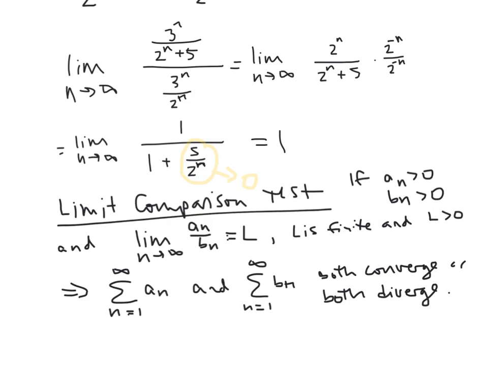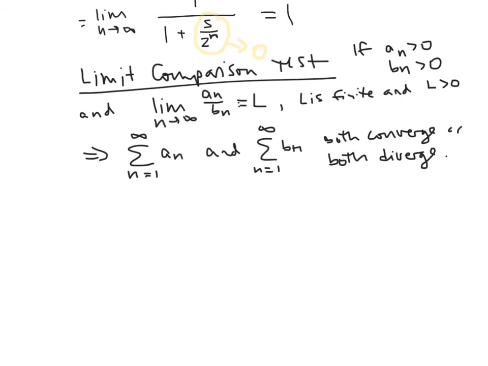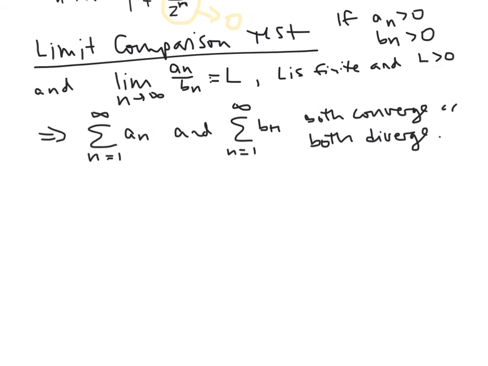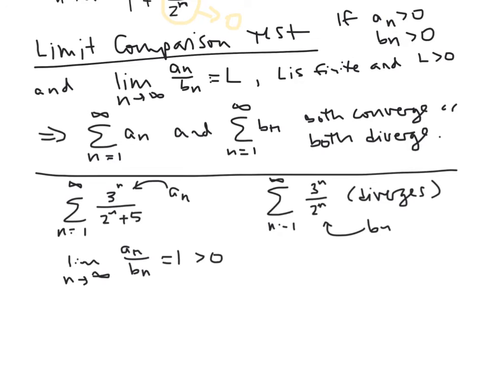And so in that previous example, let's bring it up here again. I've written the previous example again. We have this series on the left, 3 to the n over 2 to the n plus 5, and the series on the right, 3 to the n over 2 to the n. We know the series on the right diverges. We know that the a sub n's are always positive, and we know that the b sub n's are always positive.